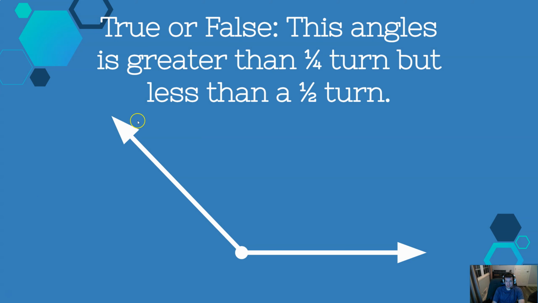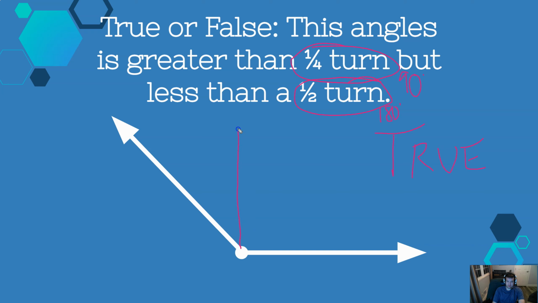True or false? This angle is greater than 1/4 of a turn, but it's less than half of a turn. This would be true. Here's why. 1/4 of a turn is 90 degrees, right? If you remember from the very beginning of our refresher from yesterday, and half of a turn is 180 degrees, right?